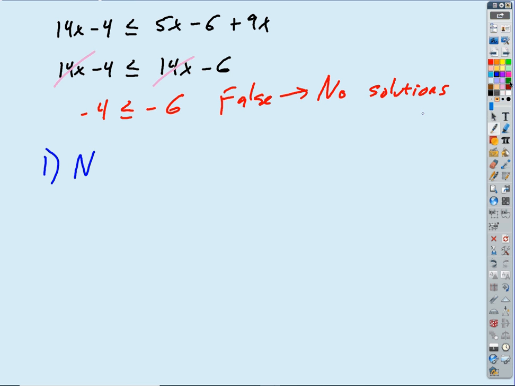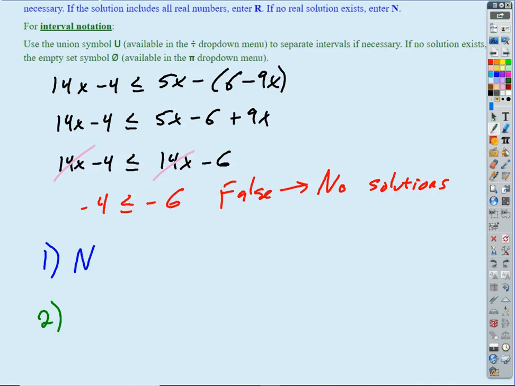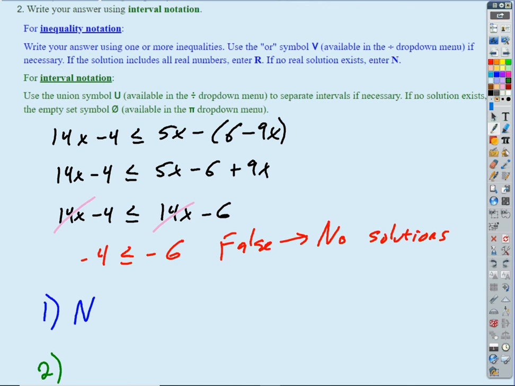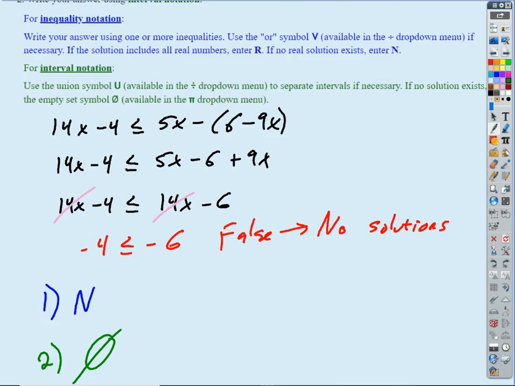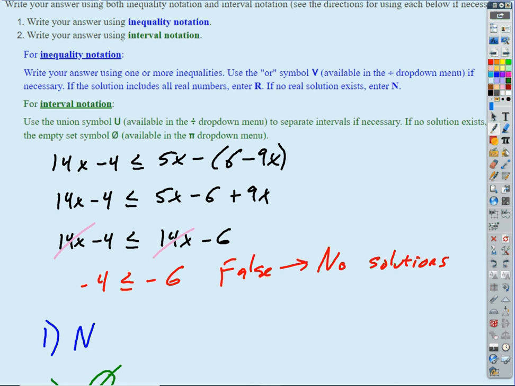But for part 2, if I'm using interval notation, there is a special way we say empty set, where there's no interval where there are any solutions. We use what's called the empty set symbol. Okay, and the empty set symbol just looks like that. And where you find it is in the drop-down menu, it's like the pi drop-down menu. You hit that little drop-down, it's on there, okay?